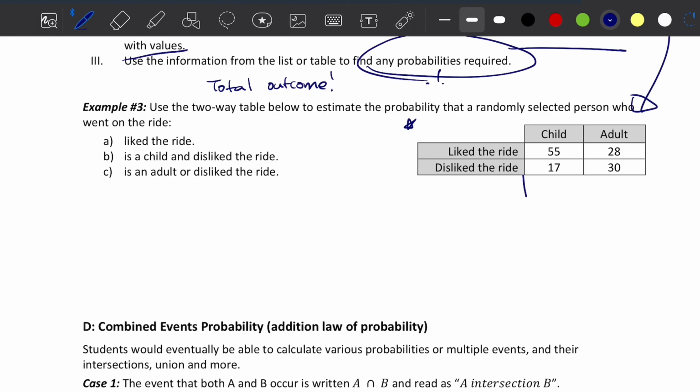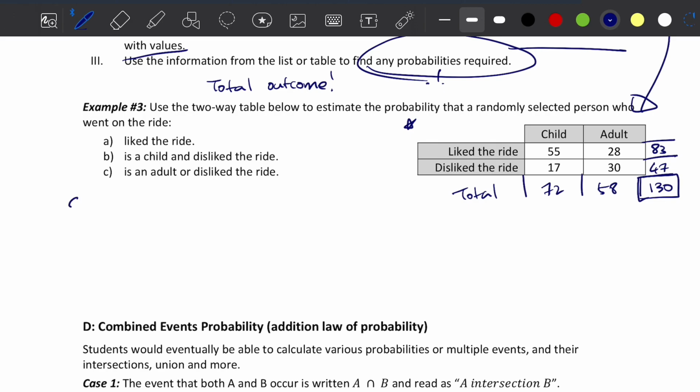So here we have a total of 72 children, and we have a total of 58 adults, and in each case we have 83 here, and then 47 people dislike the ride, and we have a total of 170 people available in this case.